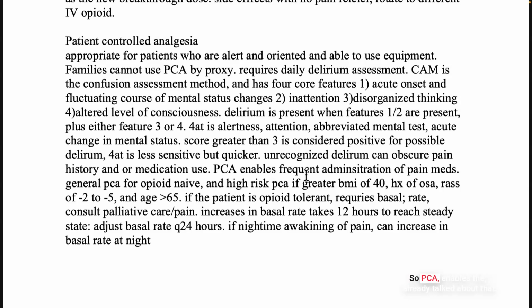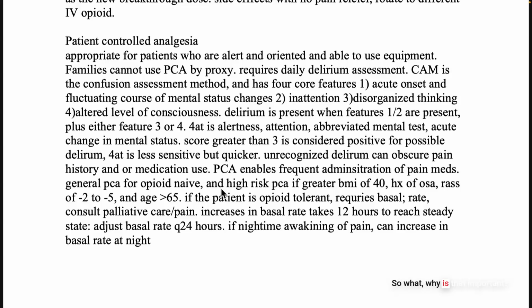Okay, so PCA, I already talked about that. There's a general PCA delivery, and then there's opioid naive, and then there's opioid tolerant, which gives you a basal rate of the opioid. Basically, if you're opioid naive, you don't get a basal rate of opioid. If you're opioid tolerant, you get a basal rate.